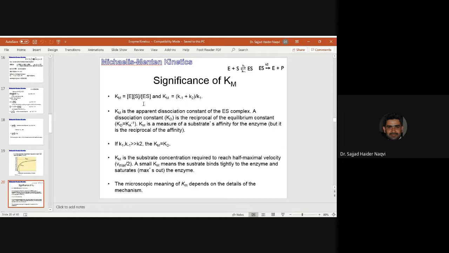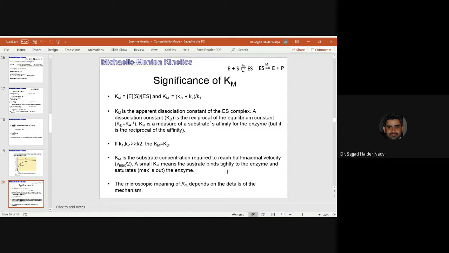So if K minus 1 is greater than K2, as we did in the assumption, then Km is equal to Kd. That means it is equivalent to the dissociation constant. Which dissociation constant am I talking about? This one, right? So the Km is the substrate concentration which is required, as I already mentioned, to reach half of the maximum velocity.